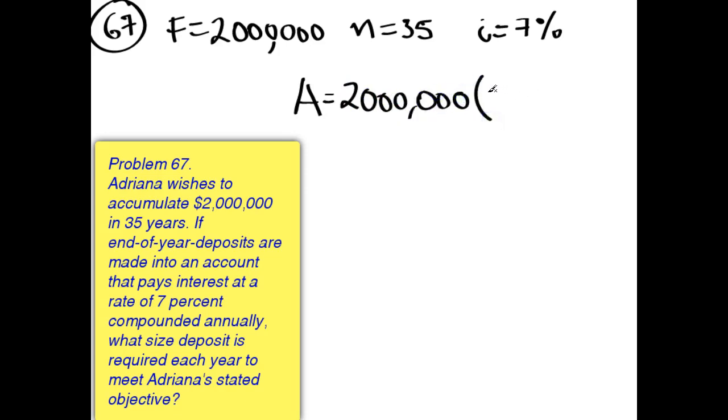So we have to compute A, given that we know the future value is $2 million, the interest rate is 7%, and we have 35 periods.